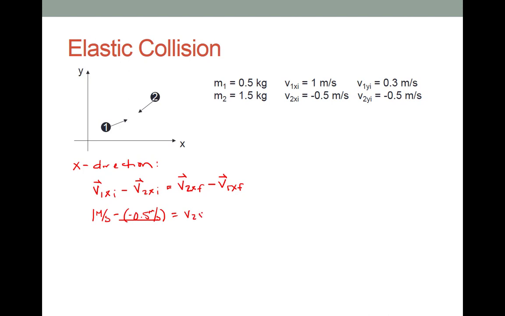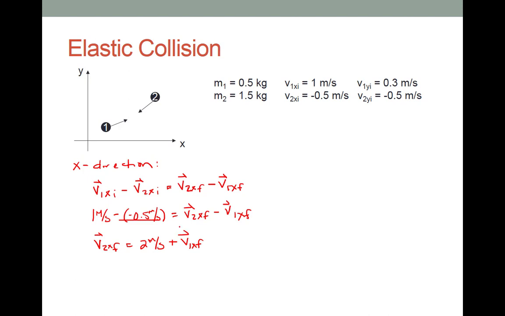So that's V2x final minus V1x final. Or in other words, V2x final equals 1.5 meters per second plus V1x final.